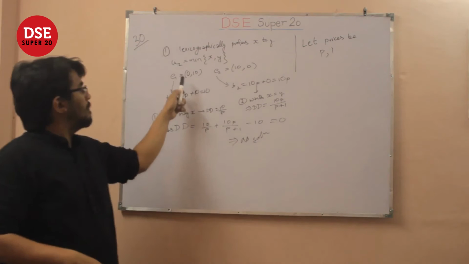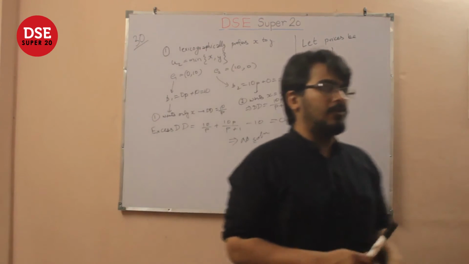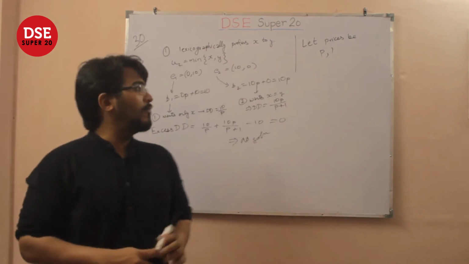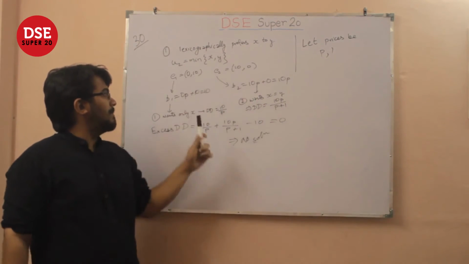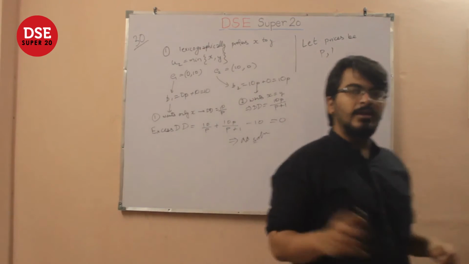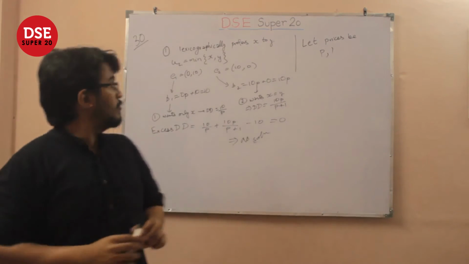So now the initial endowments are that agent 1 has 10 units of good 2 and agent 2 has 10 units of good 1. Since the prices are P and 1, the budget we are working within is 10 for agent 1 and 10P for agent 2.